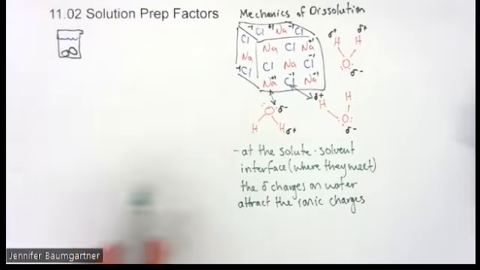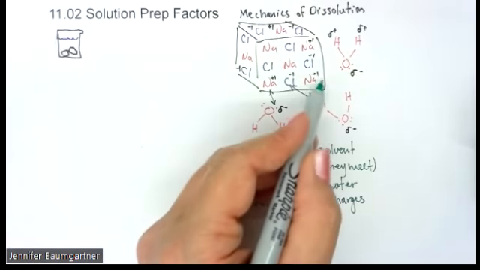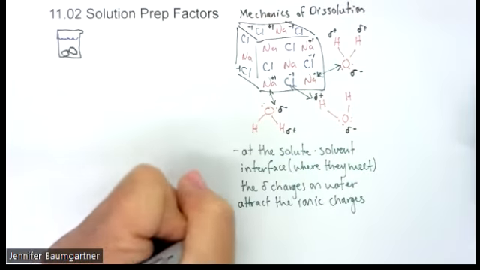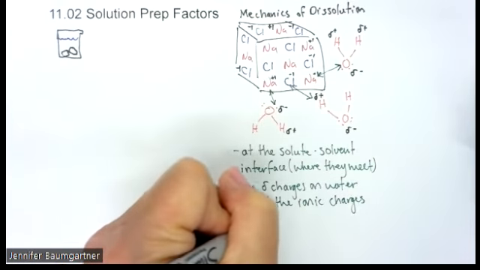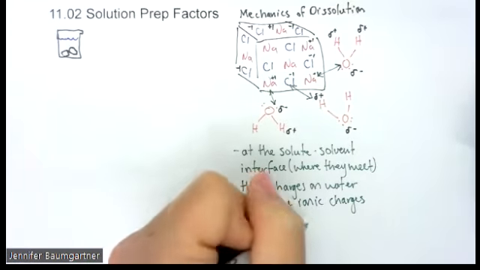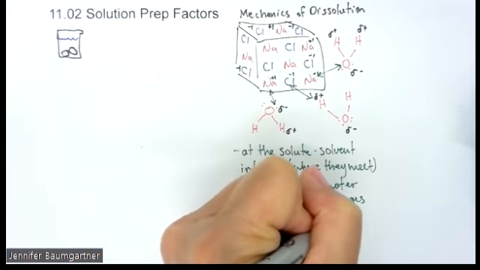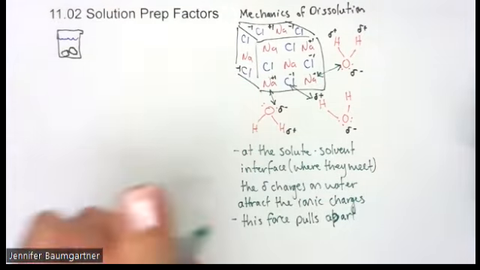And what happens is these pulls, we have a pull here, we have a pull here, we would have a pull here. We could do more of these. This force pulls apart the crystal lattice.